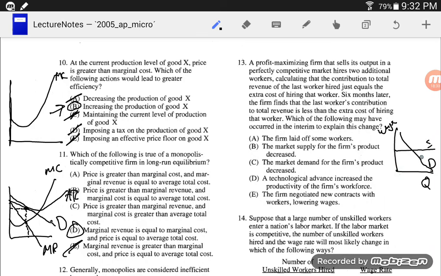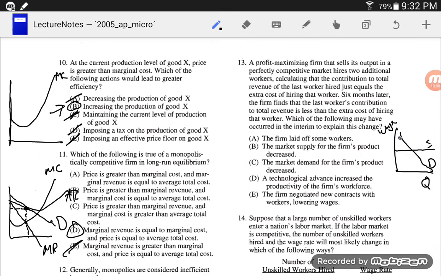Well, that would be because the marginal revenue of either the wage rate went up, that would be possible, and then the cost of hiring it, the marginal factor cost here, that supply would be higher than it was before.